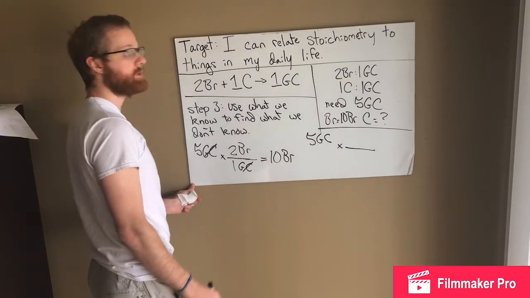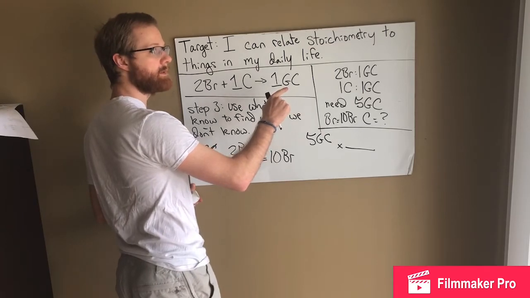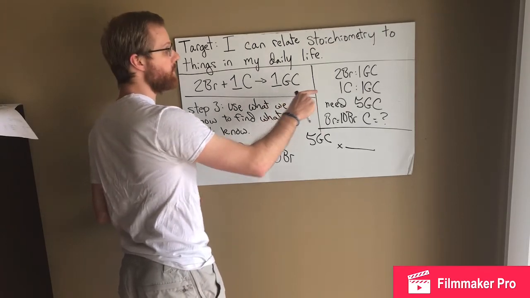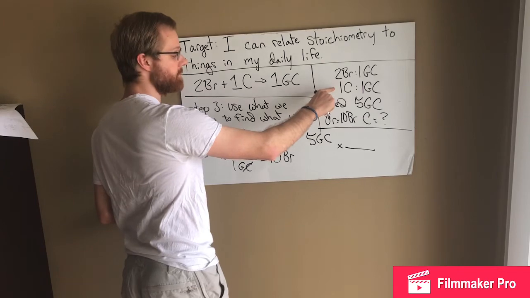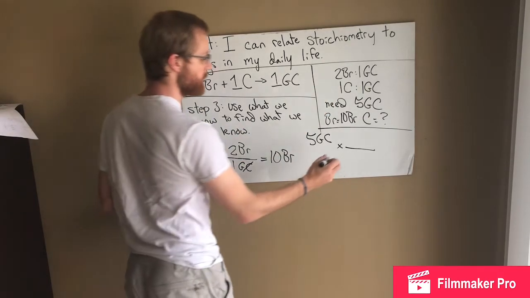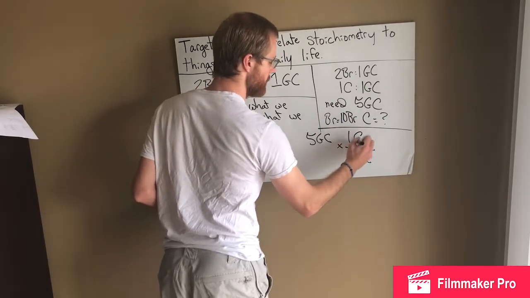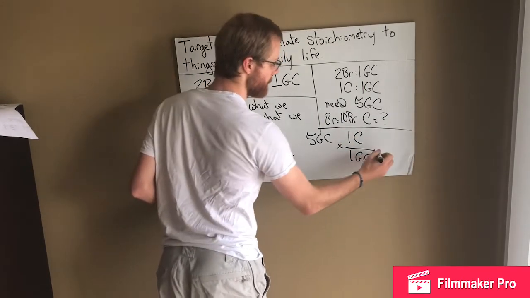Just like last time, we're going to use, can you guess? Our conversion factor to convert grilled cheeses into slices of cheese. We know that 1 grilled cheese is equal to 1 slice of cheese.